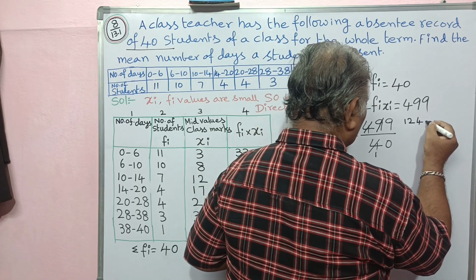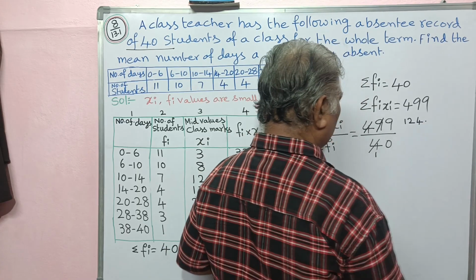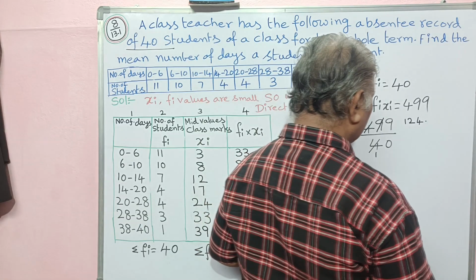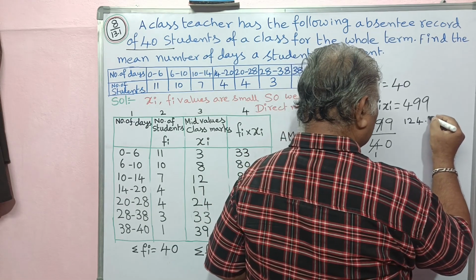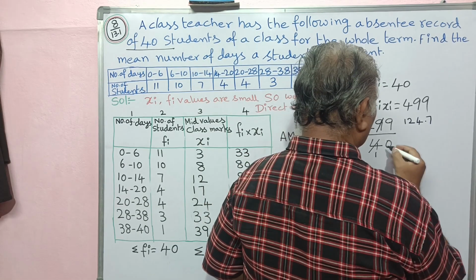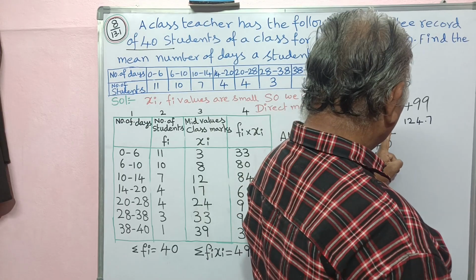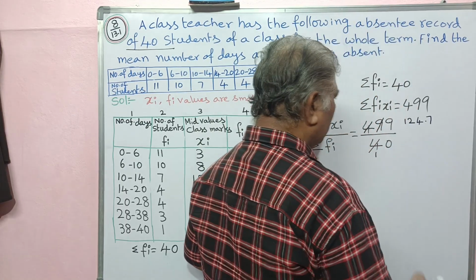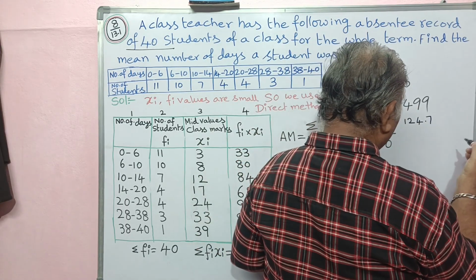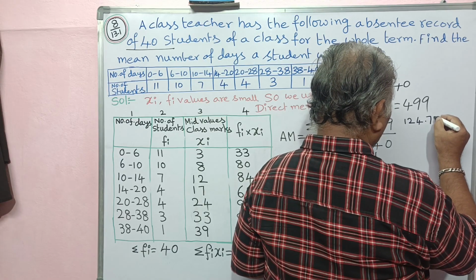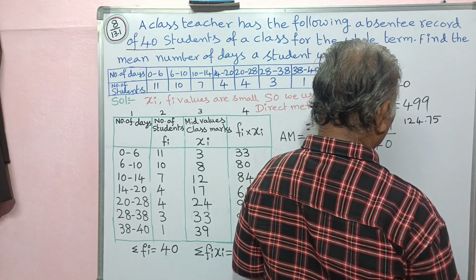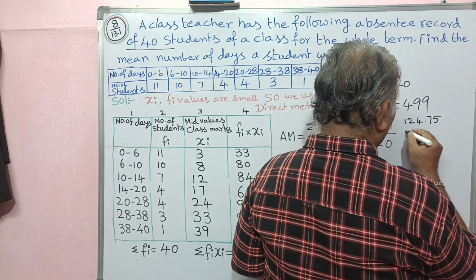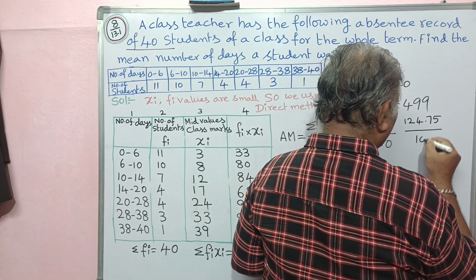Taking the 0, 30. 7 times 4 is 28, 2 remains. Taking 0, 20. 5 by 10.